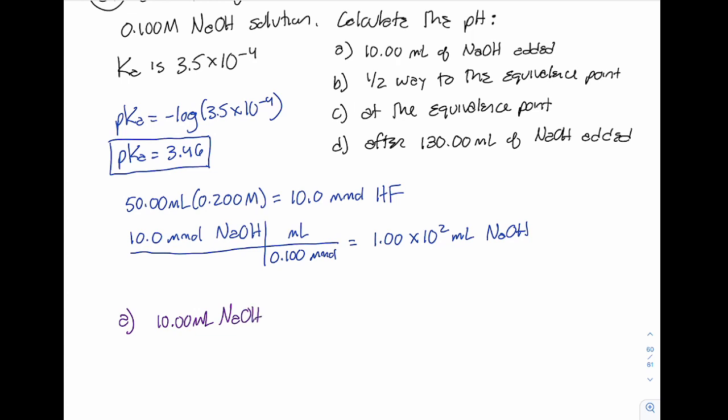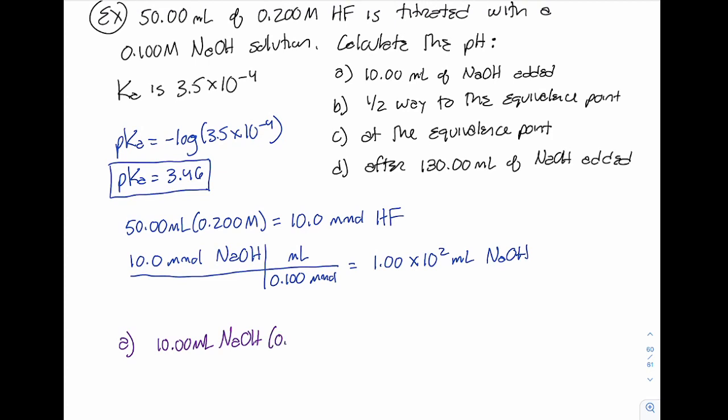That's just what is given in part A. My concentration of sodium hydroxide is 0.100 millimoles per milliliter. Milliliters cancel, and I have 1.00 millimoles of sodium hydroxide added at this point. And you could just write hydroxide. Sodium, again, is a spectator ion.